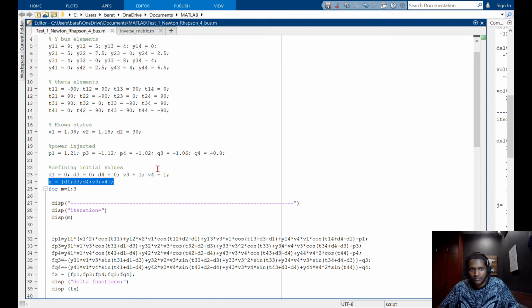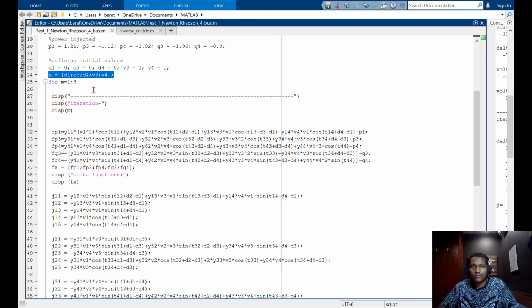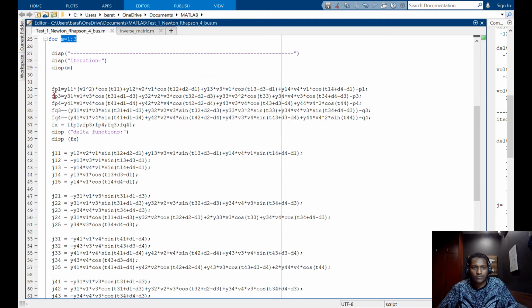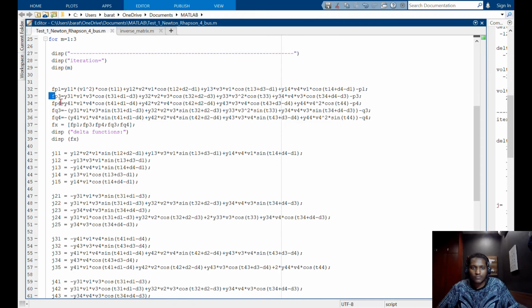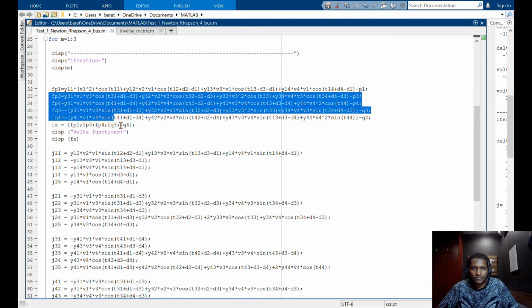So we create a matrix for that, and this is 3 iterations long. So this is how it's going to be. The equation for power, for the change in P1, the equation for P3, P4, until Q4.